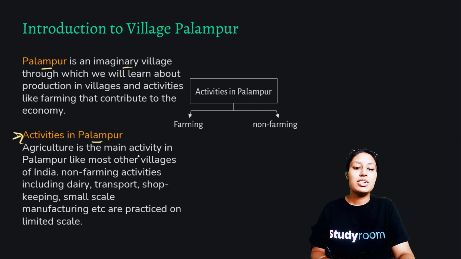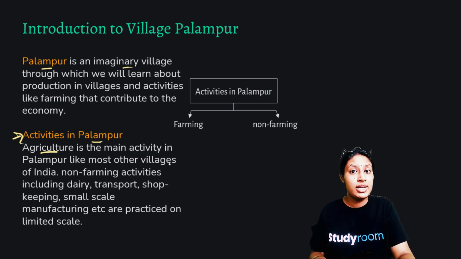Okay. First is agriculture. Agriculture is the main activity that is followed in Palampur and in most of the villages of India, because agriculture is the activity that dominates our country today.